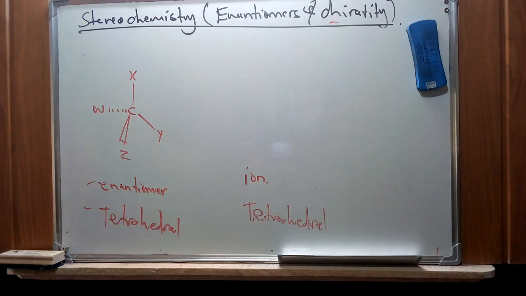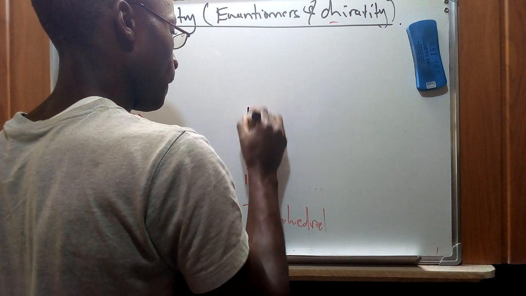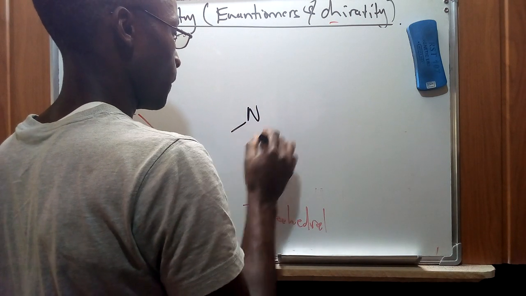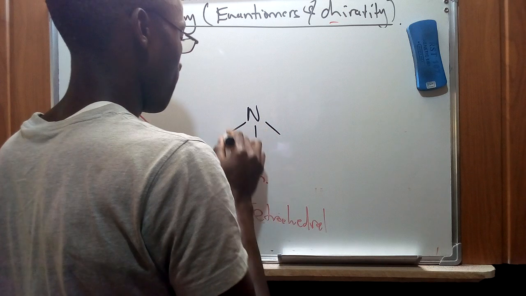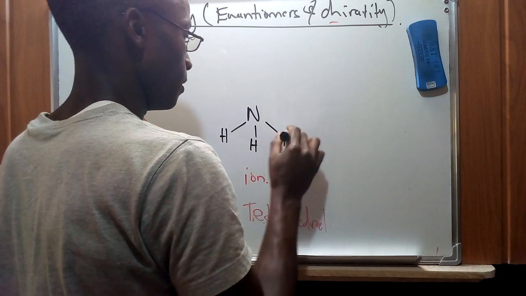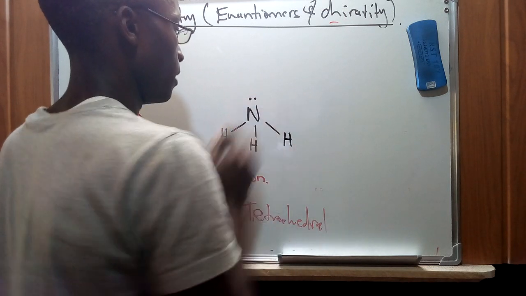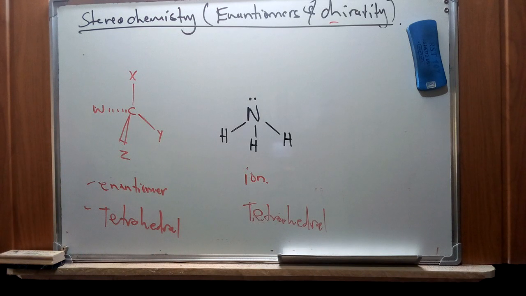So given the fact that it is forming that kind of a structure. If I have ammonia, which is a molecule, it's going to have its structure as that. Remember, nitrogen on that one has got those two lone pairs of electrons.